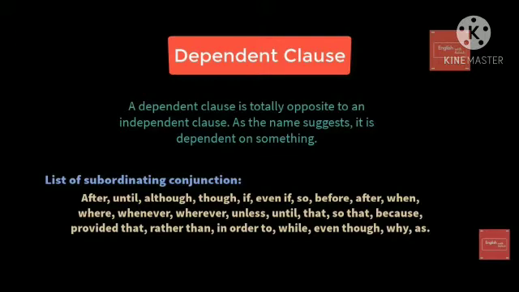It starts with after, until, although, though, if, even if, so, before, when, where, whenever, wherever, unless, that, so that, because, provided that, rather than, in order to, while, even though, why, as.